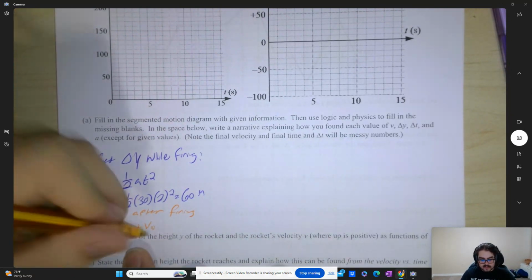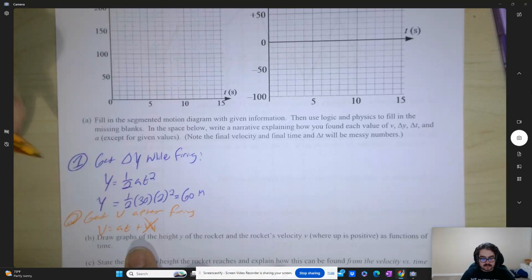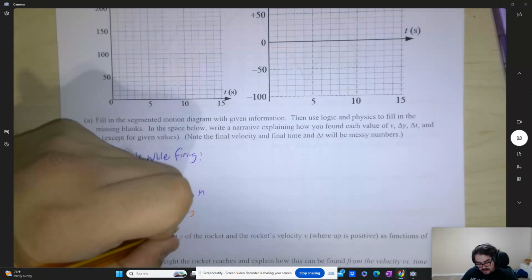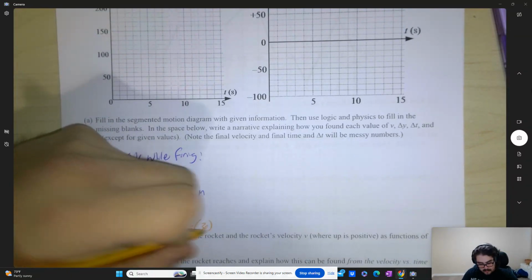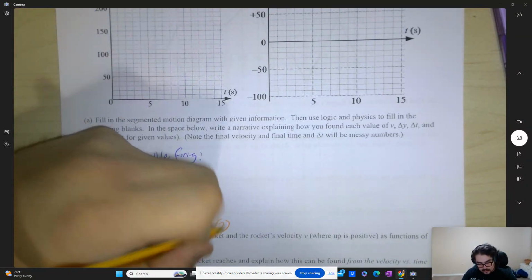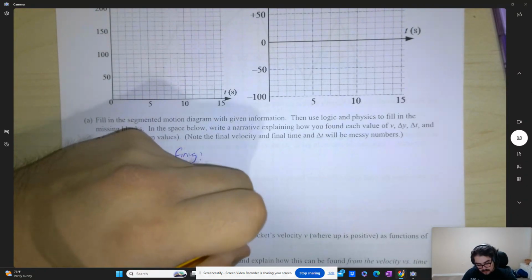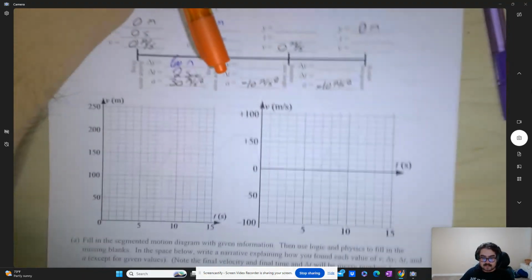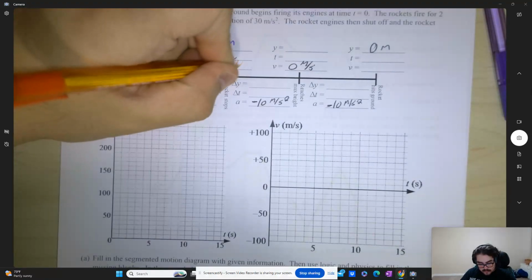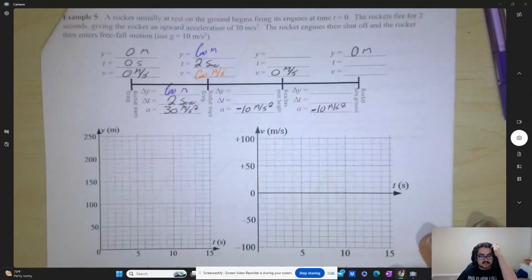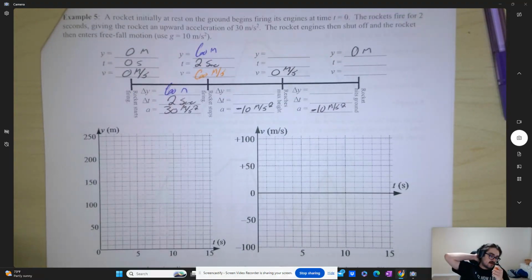V naught is 0, so we don't really need to worry about that. So V equals the acceleration, which is 30, and the time is 2. So it should be 60. It's 60 meters per second. So he should be going 60 meters per second when the rockets stop firing.